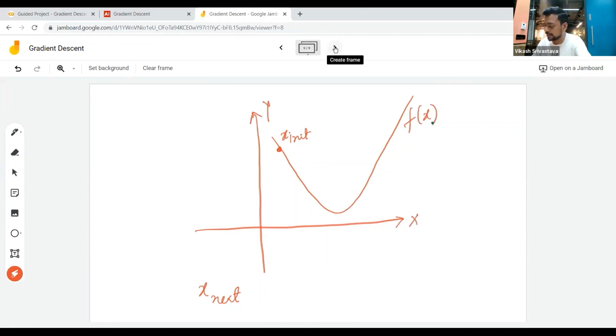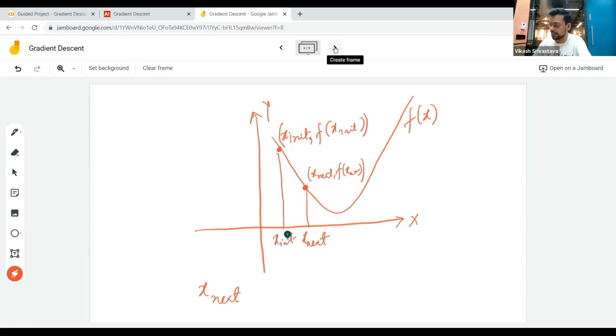Let's say this point we call x next. So this point can also be called x next comma f of x next, right? And this point is f of x init, and this point we'll call x init.